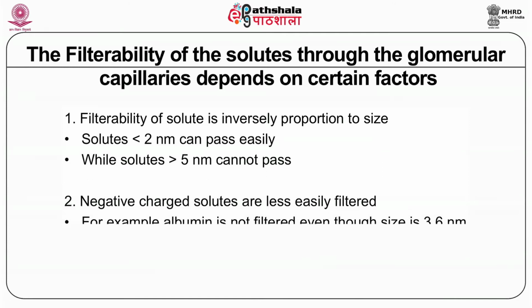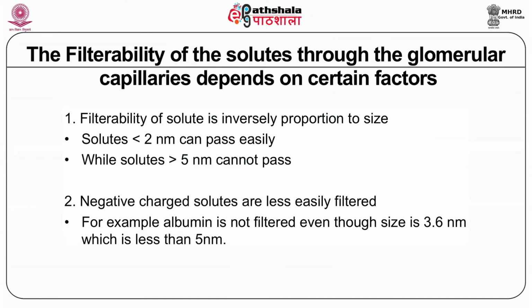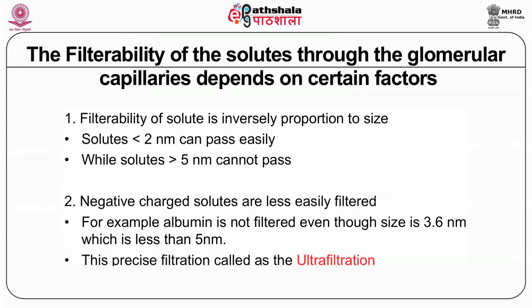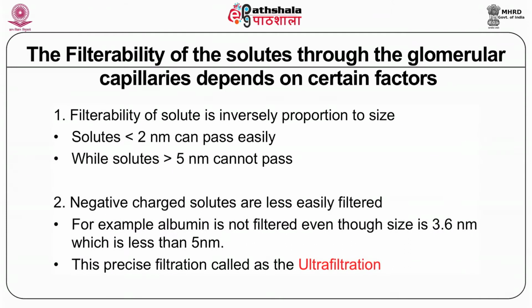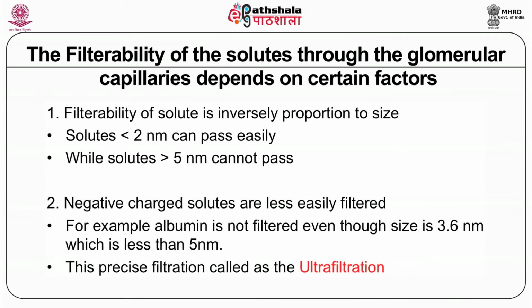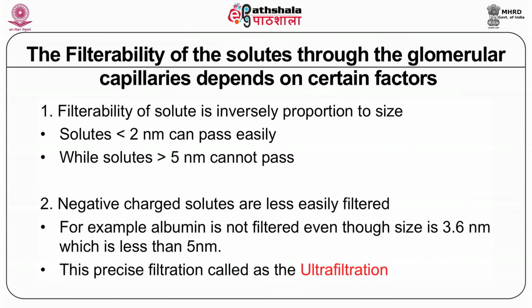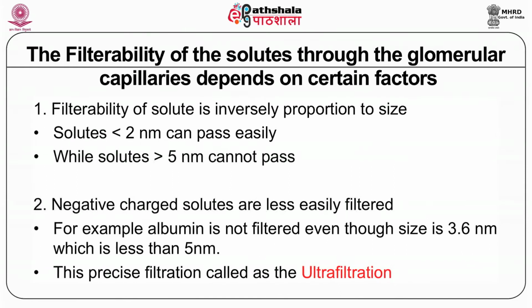The second factor is the charge of the solute. Negatively charged solutes are less easily filtered. For example, albumin is not filtered even though its size is 3.6 nanometers, which is less than 5 nanometers. Since the filtration is very precise, it is called ultrafiltration.